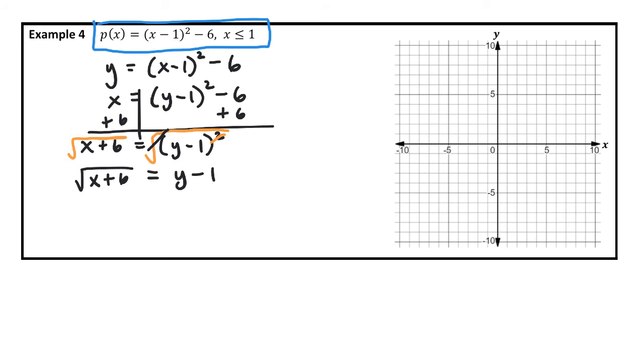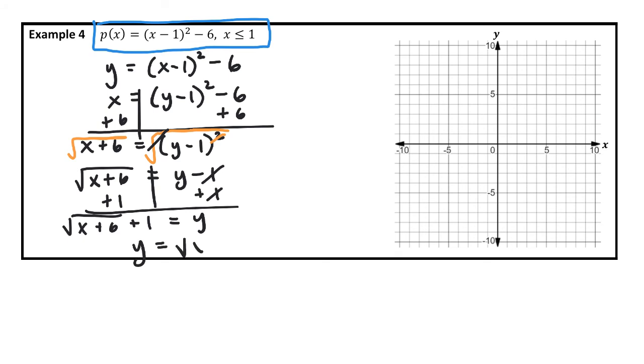And then adding 1 on both sides to get y by itself, because the negative and the positive will cancel. That's going to give me the square root of x plus 6 plus 1 equals y, or I can rewrite it as y equals the square root of x plus 6 inside, and then the plus 1 is outside.